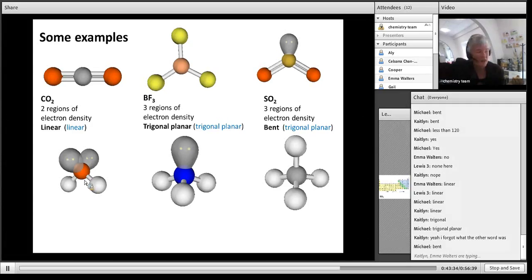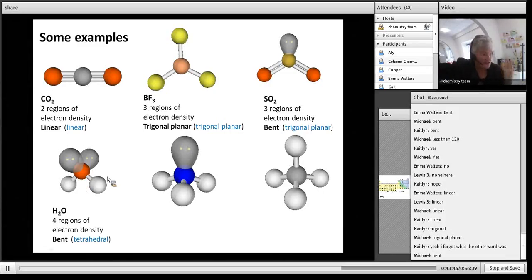Bent. Okay. Now notice I have 2 bent shapes, but they don't have the same bond angle. SO2 has a bond angle of 120 and water has a bond angle of 109.